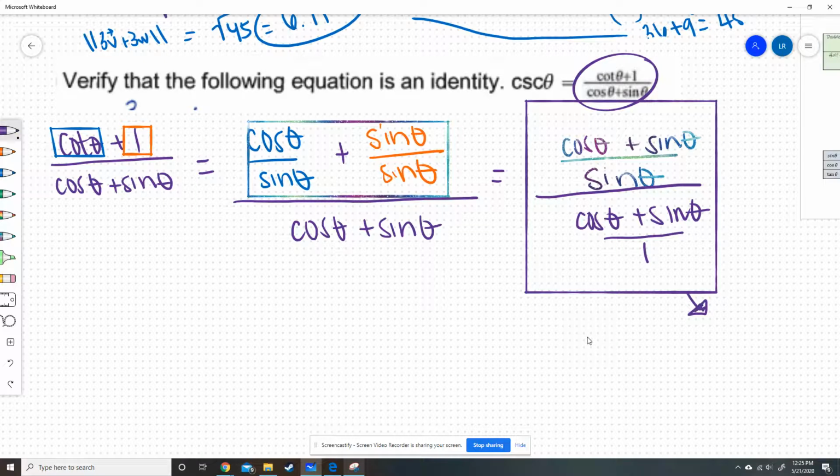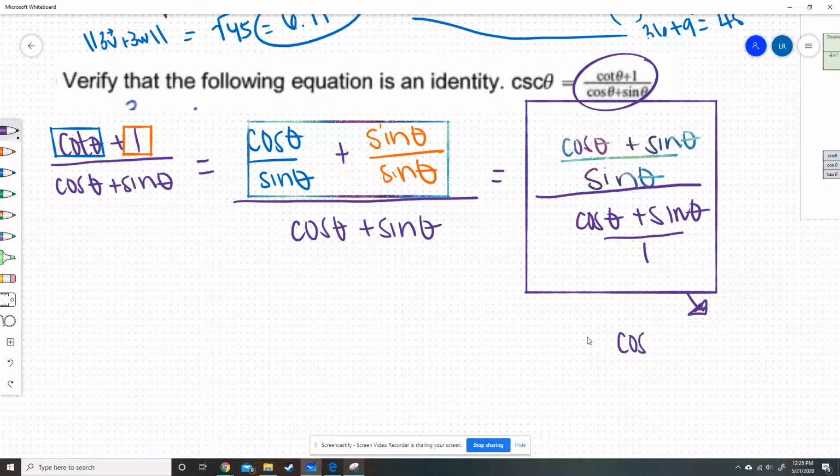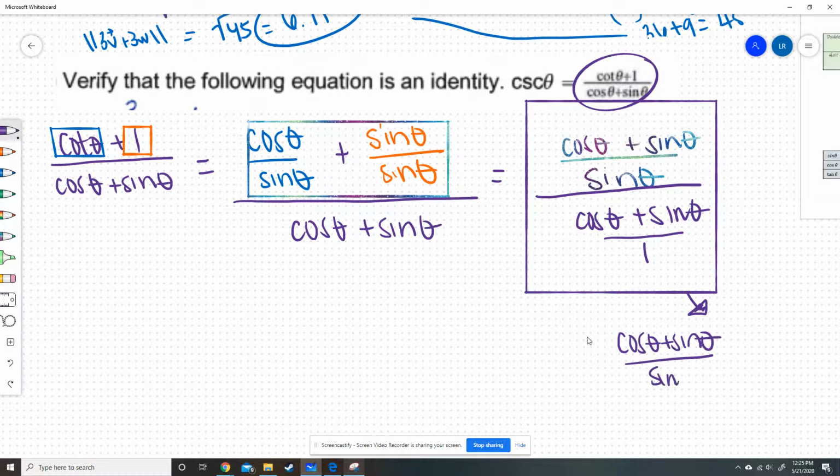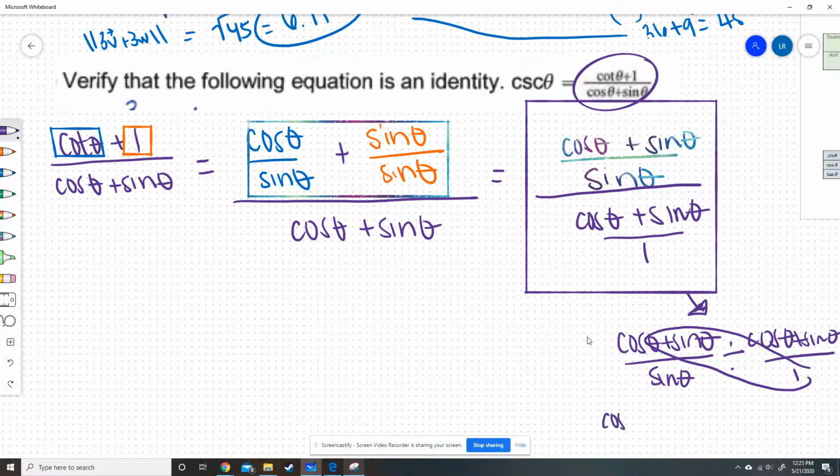The way that we could rewrite this would be cosine of theta plus sine of theta divided by sine of theta, divided by cosine of theta plus sine of theta over 1. And when we cross multiply, we'd multiply these two things together, and so we'd get cosine of theta plus sine of theta.